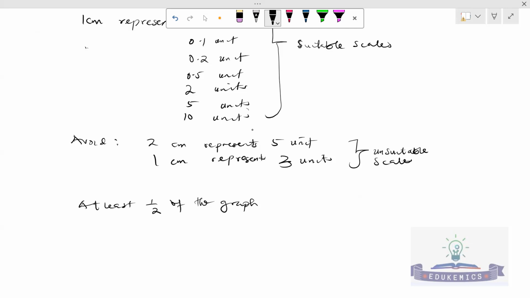Another thing we'll look at is that the quantities you plot on the graph must be clearly and neatly indicated with units.